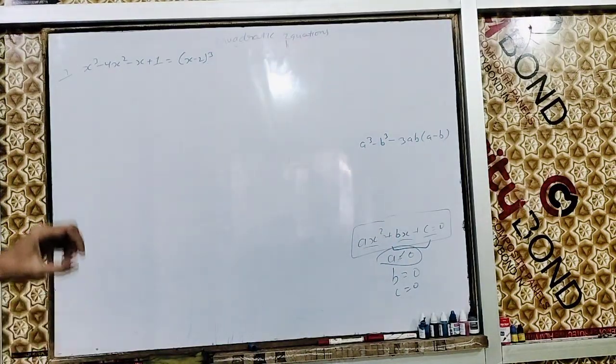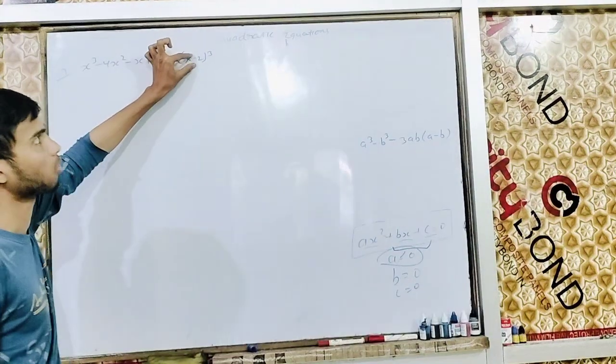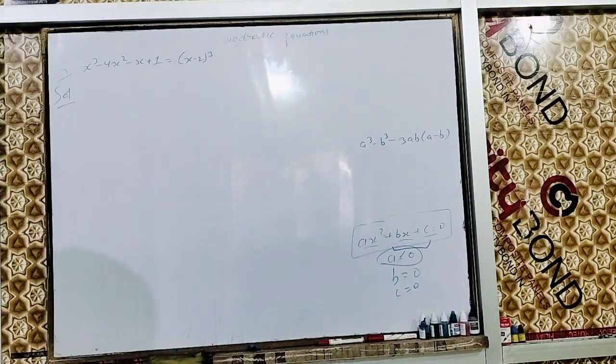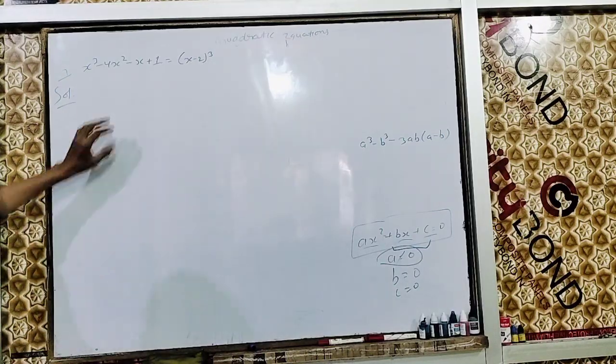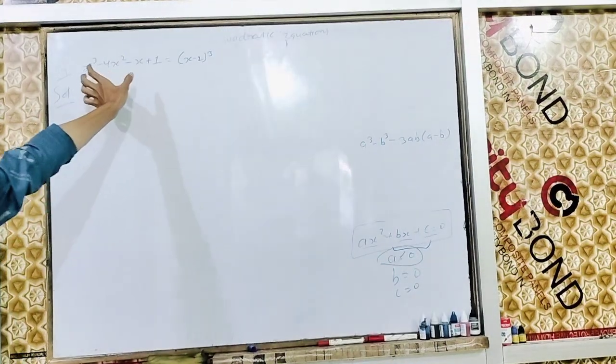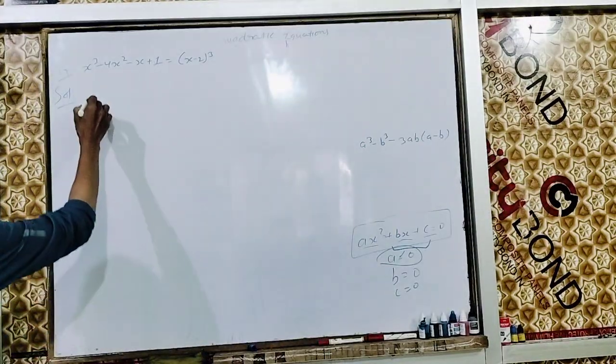Okay, we will not use the same identities because of the operator. Now, whatever can be simplified, we will simplify. Here you can see we don't need to simplify this side, so it will be as it is.